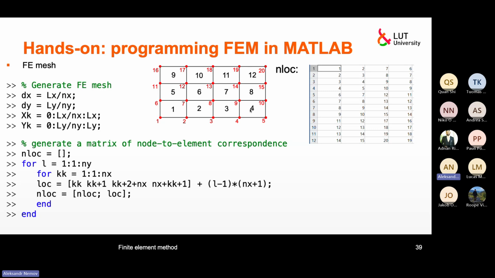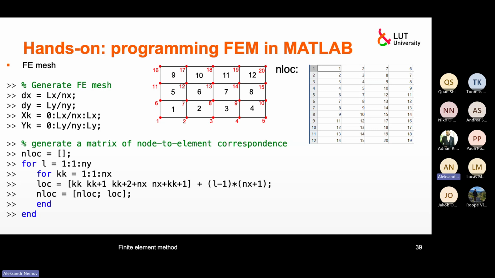Yeah, but this 4 is not because of our dimensions. This 4 is because each element includes 4 nodes. This is about the type of our elements. So this nlog is always going to have 4 columns as long as we are considering this type of element with 4 nodes.